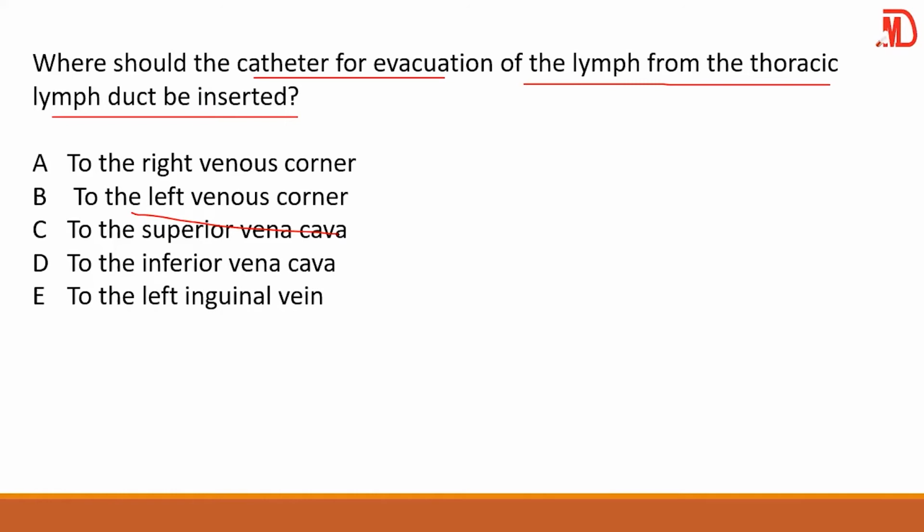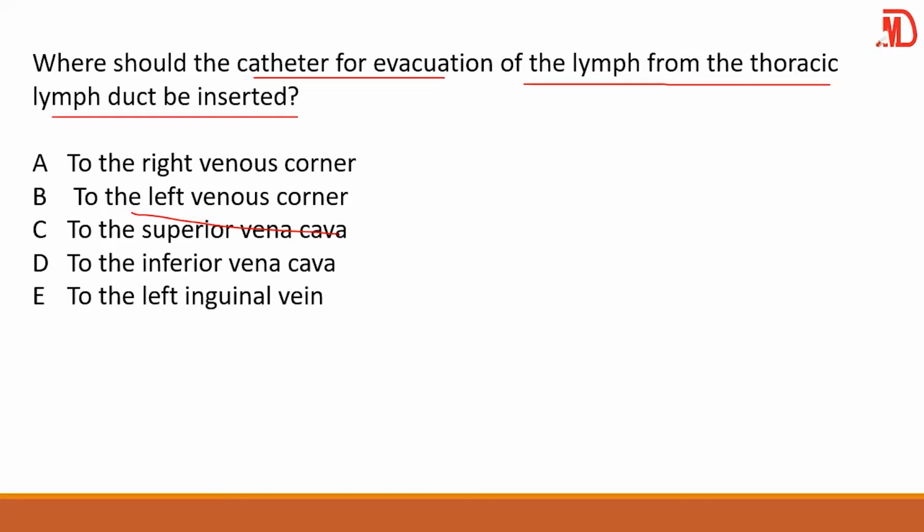Now, the thoracic duct normally empties itself into the internal jugular vein, posteriorly to the clavicular insertion of the sternocleidomastoid muscle.